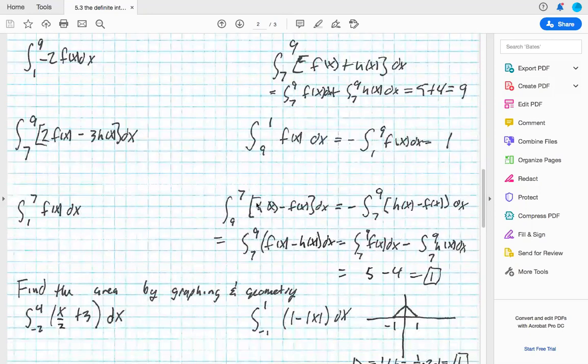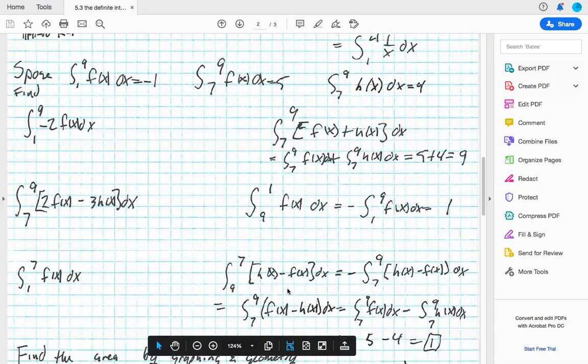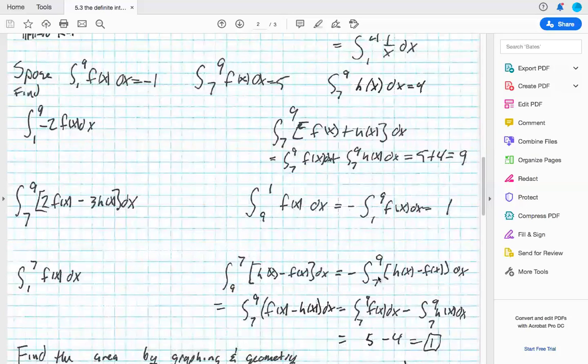In the area underneath the curve between h of x and f of x, that's what this is really saying right here. Well, we have from 9 to 7. We don't know what it is. We're looking at 7 to 9 here, 7 to 9 here. So first of all, we have to flip these and make a negative. That's what we're doing right here. Second thing we have to do is distribute that negative through.